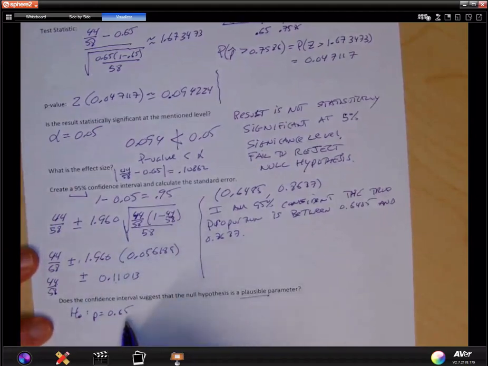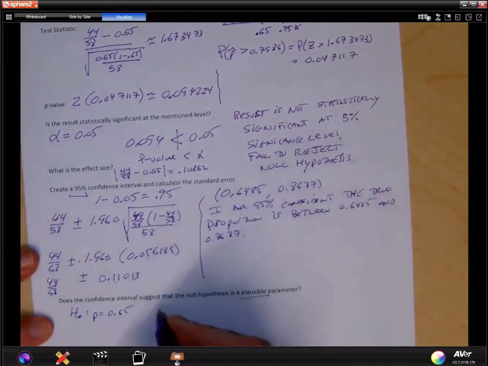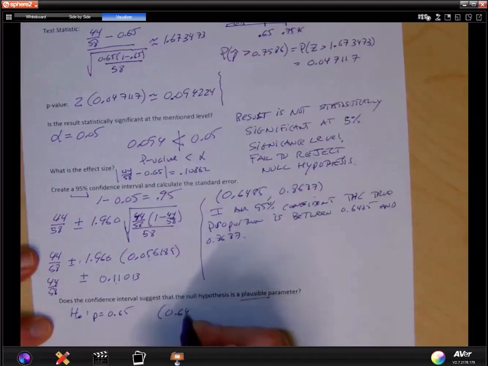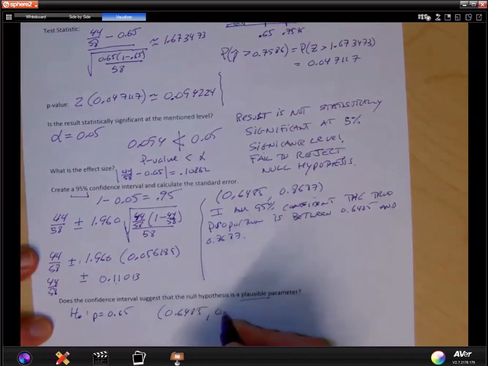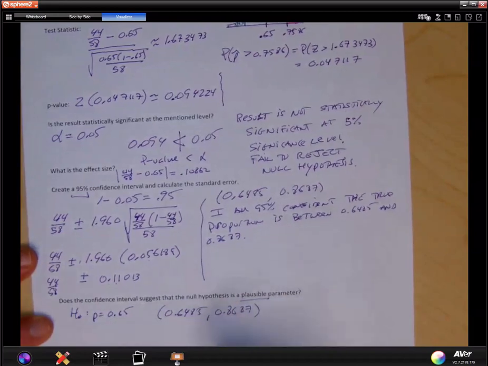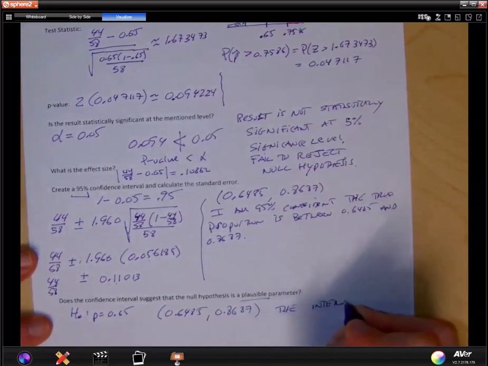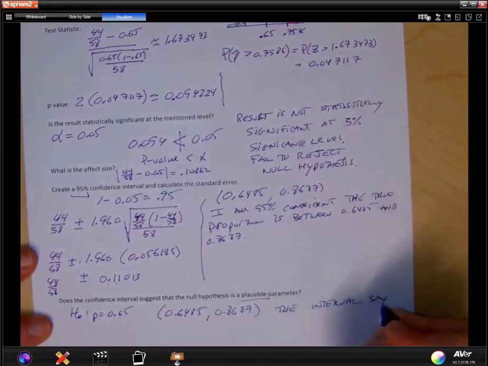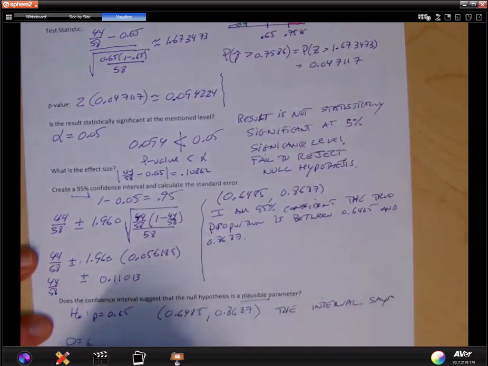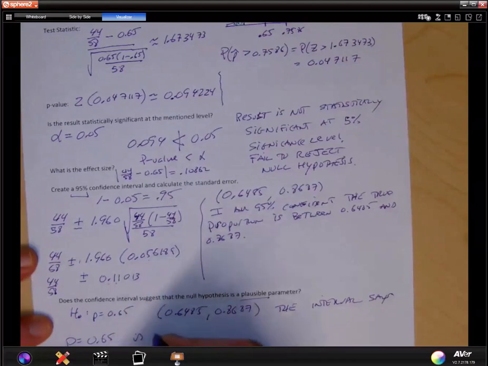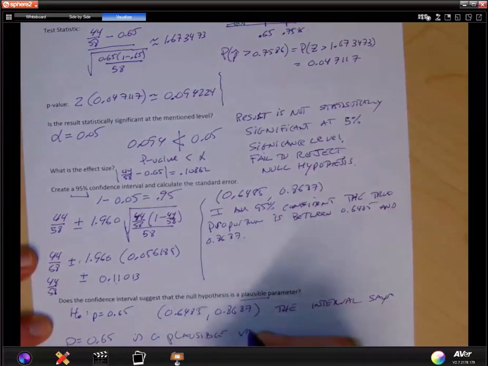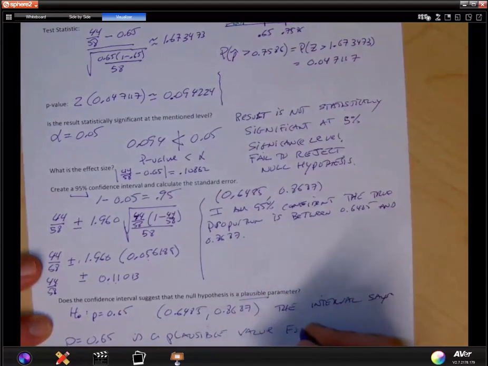Is that a plausible parameter? Well, look at that. Our interval is this. So the interval says p equals 0.65 is a plausible value for the population proportion.